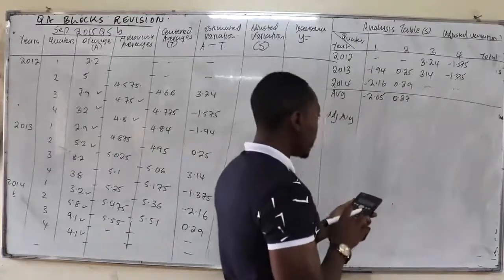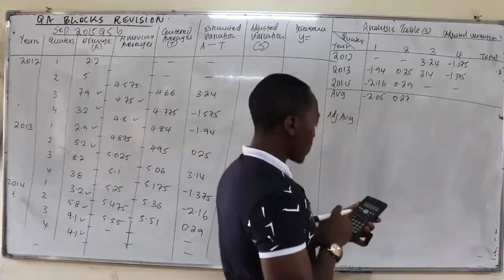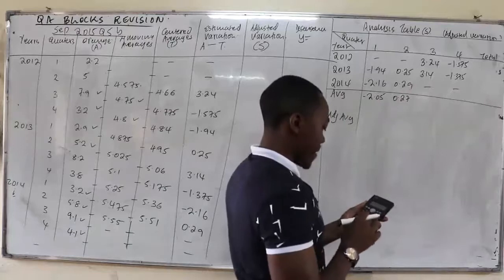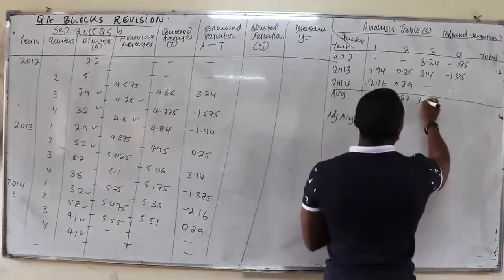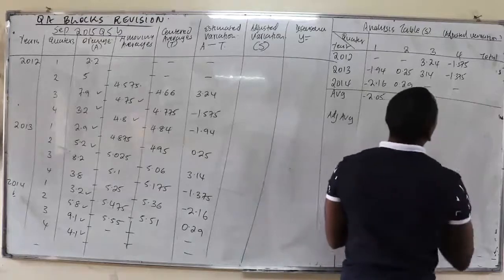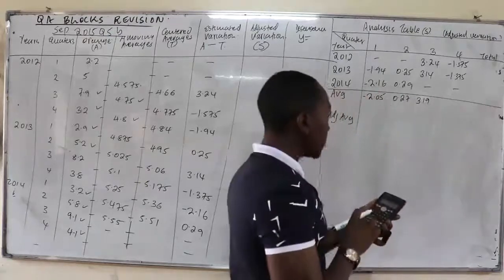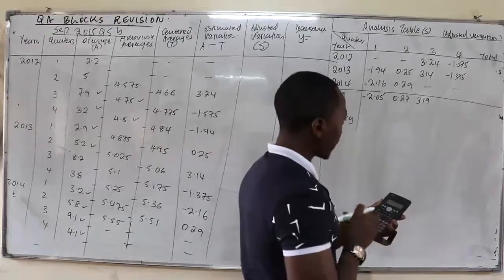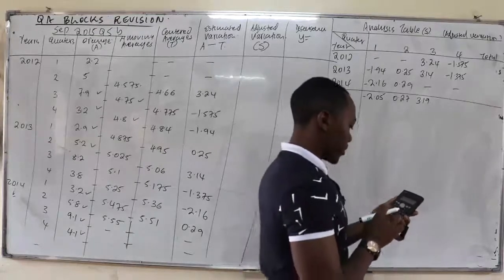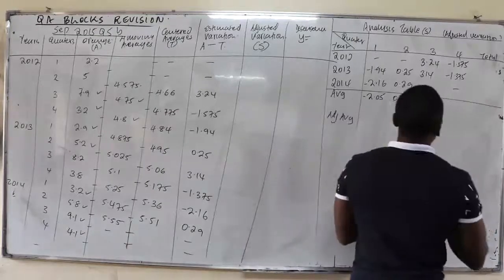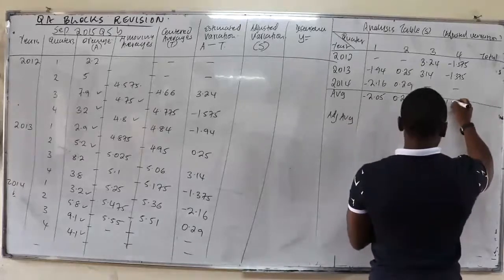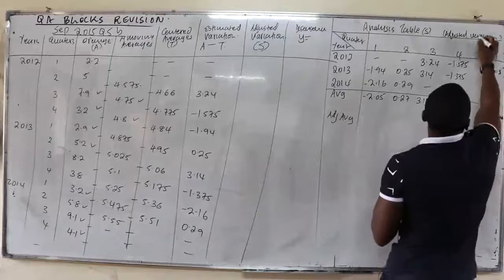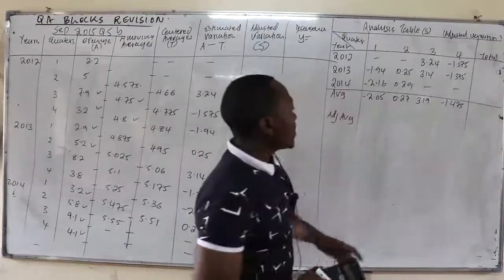Quarter 3, do the same, get 3.19. Then quarter 4, you have negative 1.475.